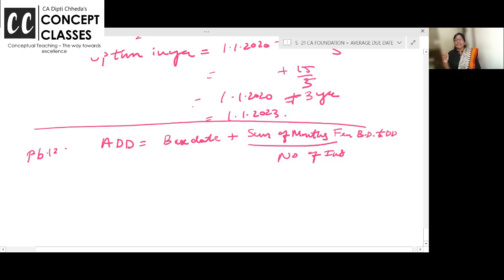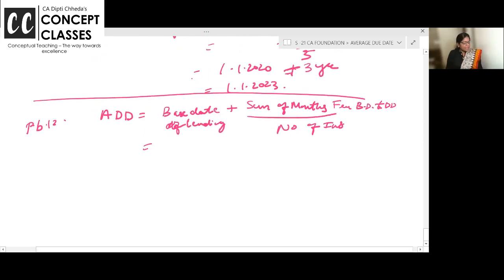I hope you are getting sum of the months from base date to due date. So what is the base date of lending? Base date of lending. Here students do the mistake. There is no base date or average due date. Date of lending you take. So lending is done on which date I gave you the loan?